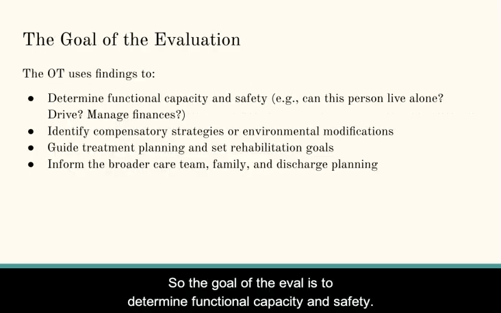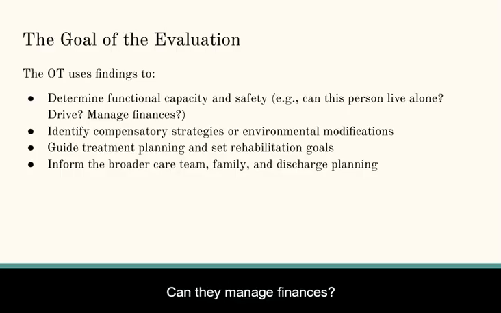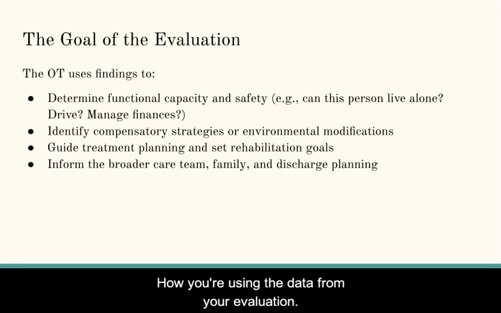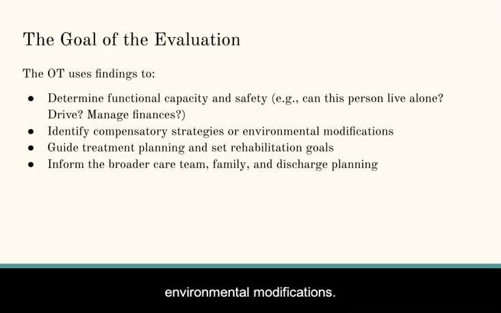So the goal of the eval is to determine functional capacity and safety. Can this person live alone? Can they drive? Can they manage finances? Can they function in the classroom? Can they go back to work? It's about how you're using the data from your evaluation. This allows you to identify compensatory strategies or environmental modifications.